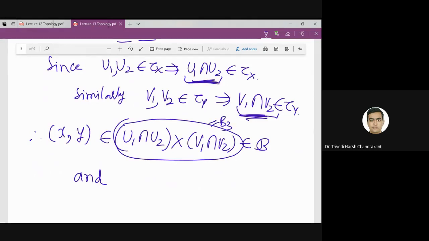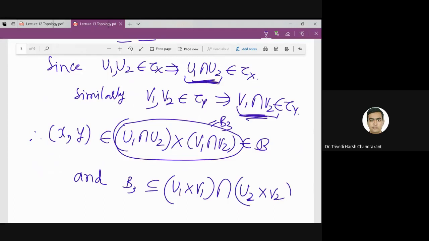V3. Then V3 is contained in U1 cross V1 intersection U2 cross V2.